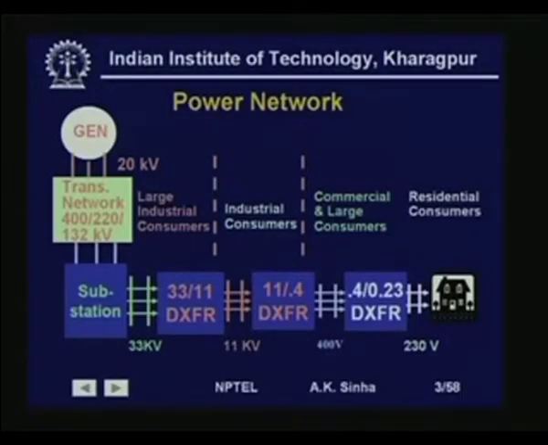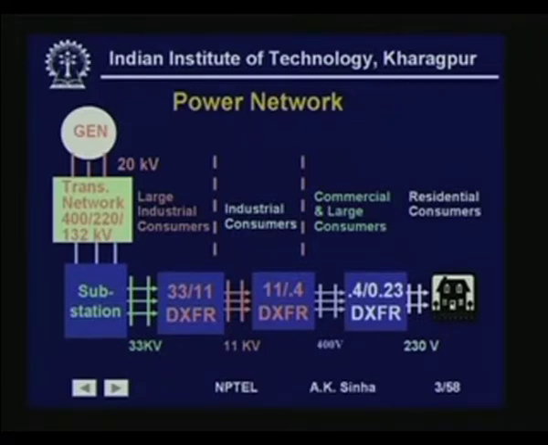So, this is how the power network works, and as we see, at each stage we need transformers. So, we have to model these transformers mathematically when we are trying to analyze the transmission system.